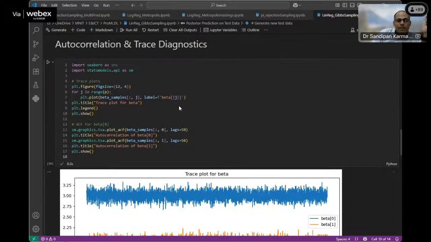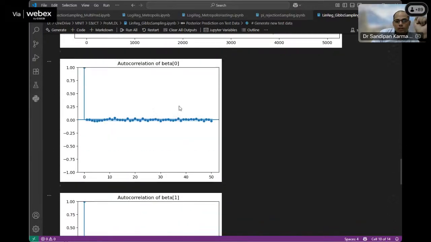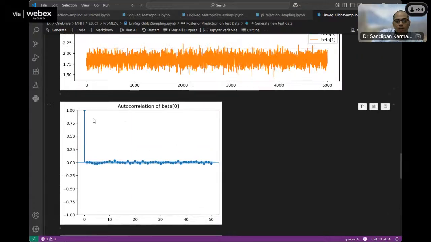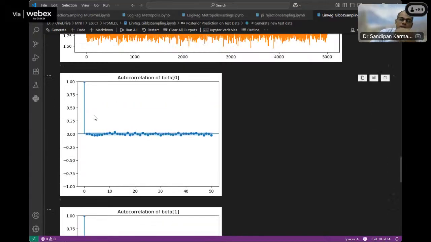Okay, next is the autocorrelation plot. So autocorrelation, the first few iterations. Here it is showing the autocorrelation. How many of you know autocorrelation? It is basically that I have to decide some lags.